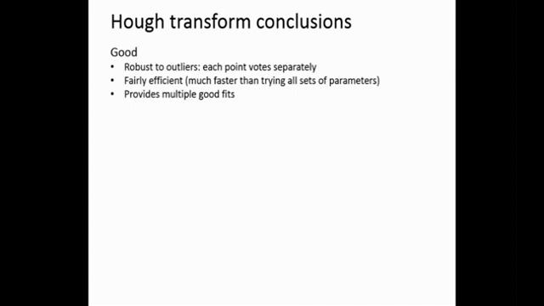The time depends on how many points you have to fit. And you can generate multiple good fits. So if you're trying to fit multiple circles or multiple lines to a scene, for example, or we'll use this in object recognition, if you're trying to fit parameters for multiple objects, then this allows you to do that. You're not just finding the single best answer.